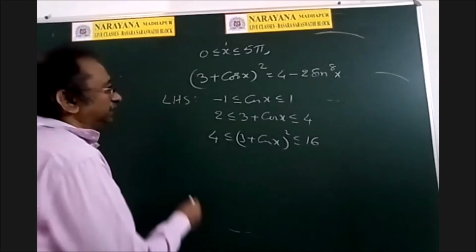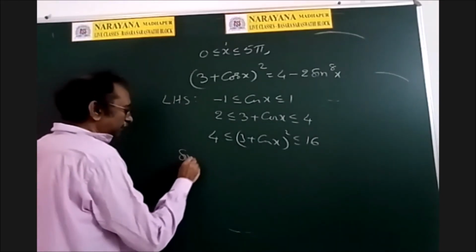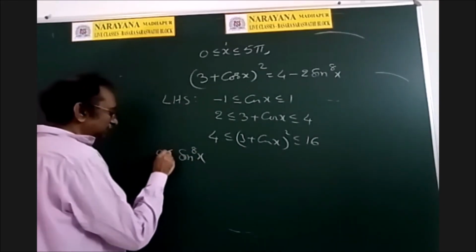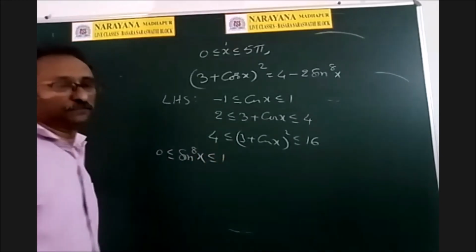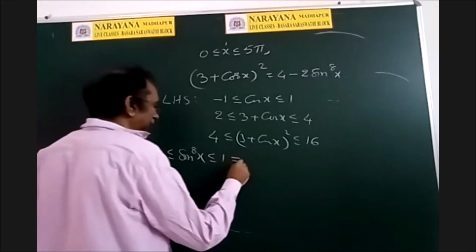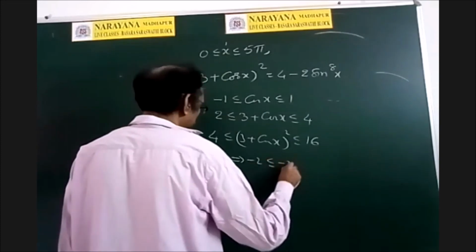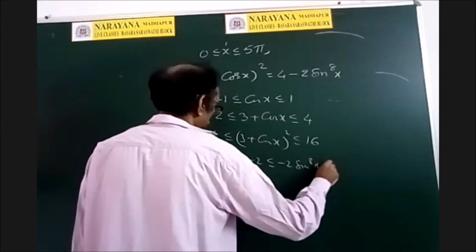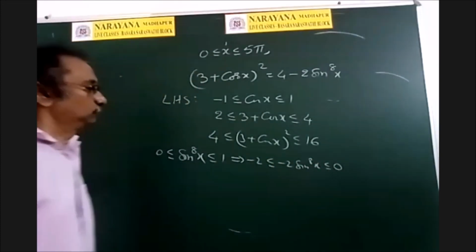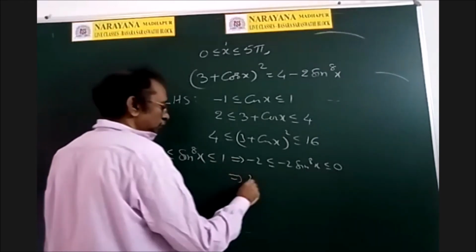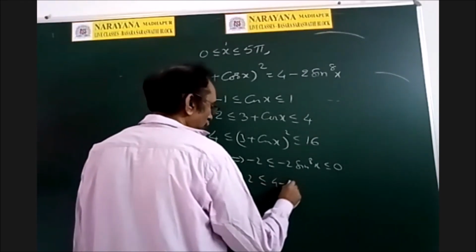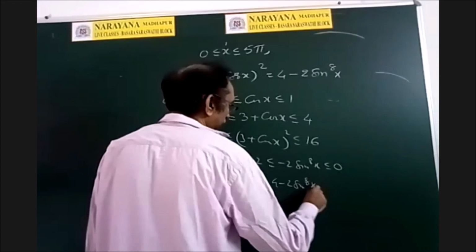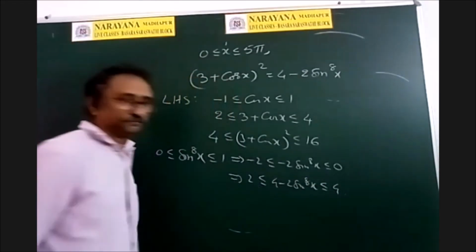And what about the right hand side? sin⁸x lies between 0 and 1, and multiplying with −2, we get −2 ≤ −2 sin⁸x ≤ 0. Add 4: 2 ≤ 4 − 2 sin⁸x ≤ 4.